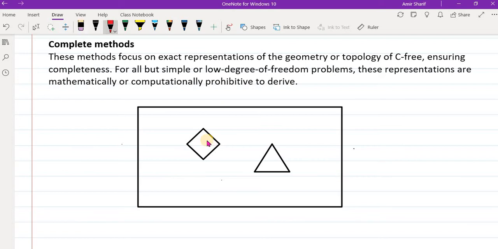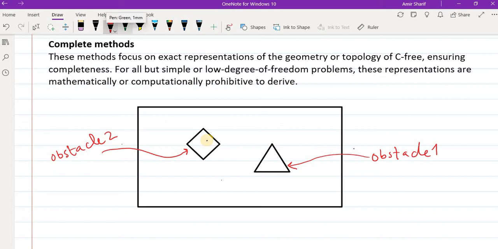Let's name them: this is obstacle 1, and here we have obstacle 2. So there is a method we call the visibility graph.